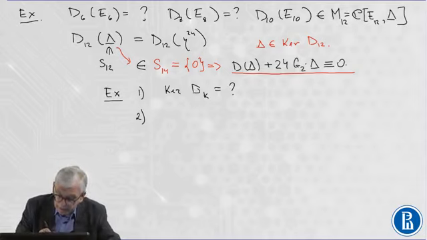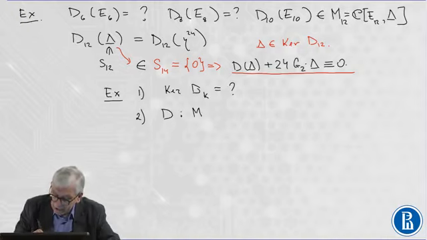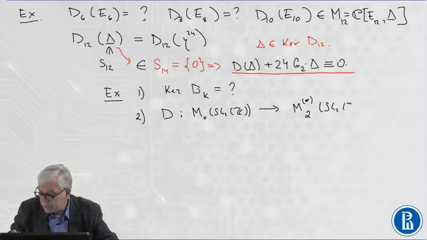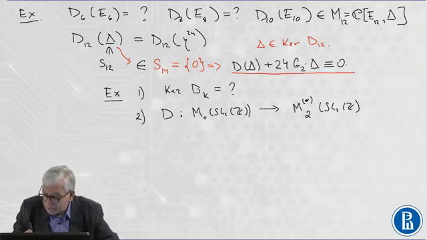Then the following map from the space of modular functions with respect to SL2(Z) into the space of weak modular forms of weight 2 with respect to SL2(Z), this map is surjective.